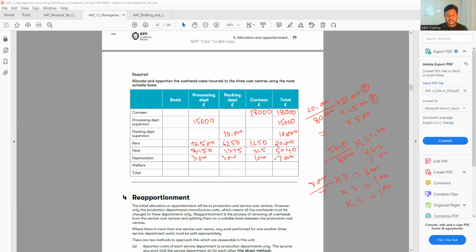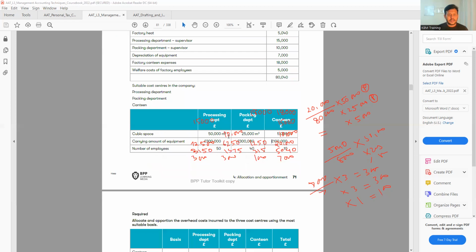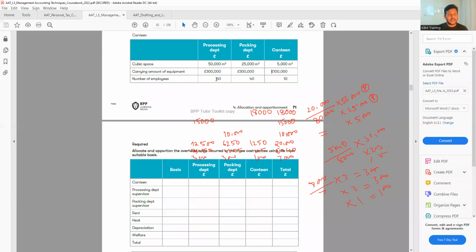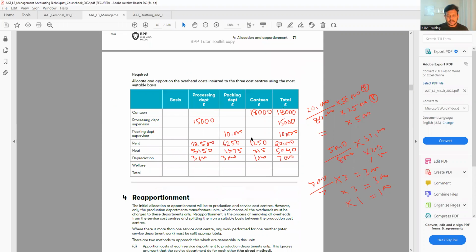Then you have a welfare. How much is the welfare? The welfare is 5,000, and we have to use the number of employees. Number of employees 50, 40, and 10. So welfare is total 5,000. And we do the same way.